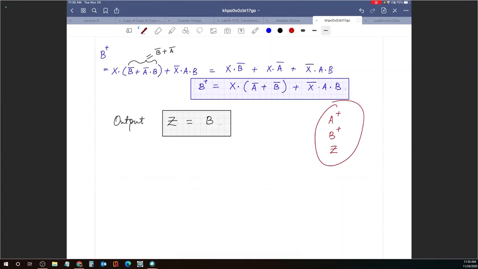In general, what would that be? In general, it would be write simplest.